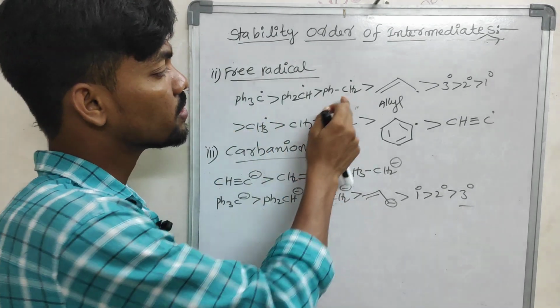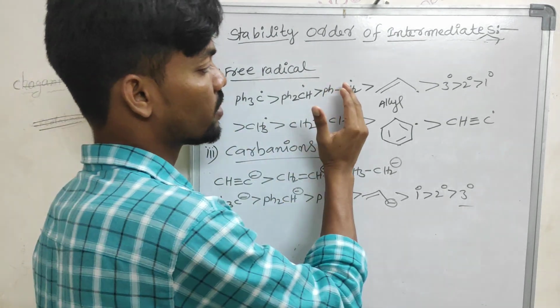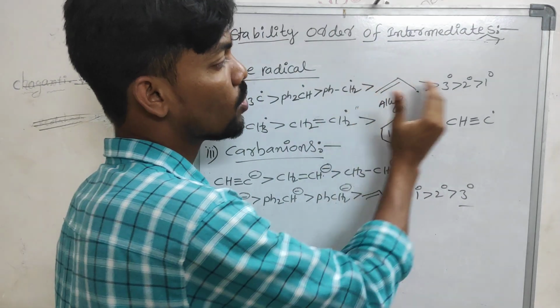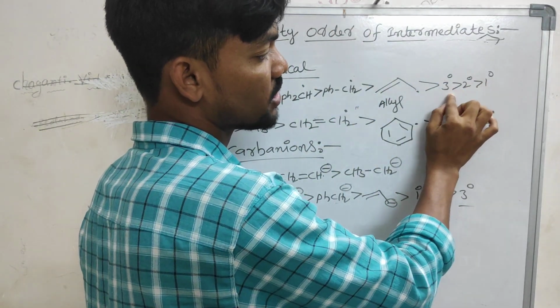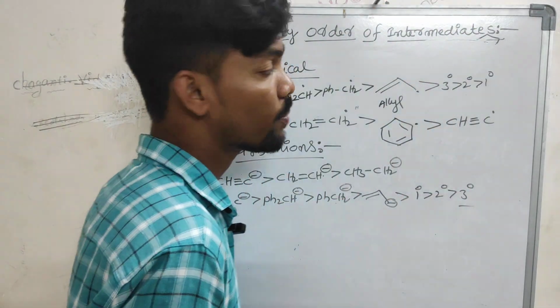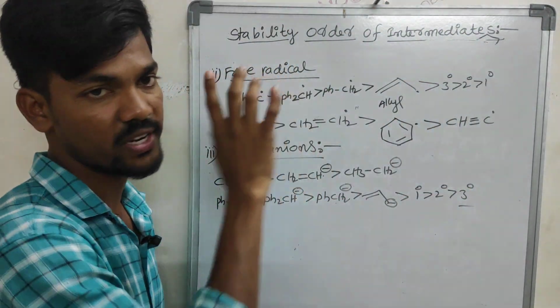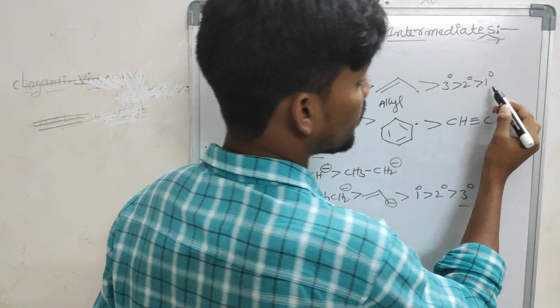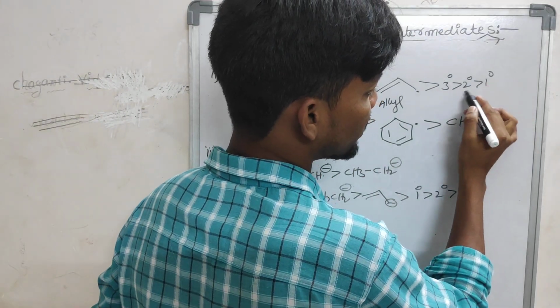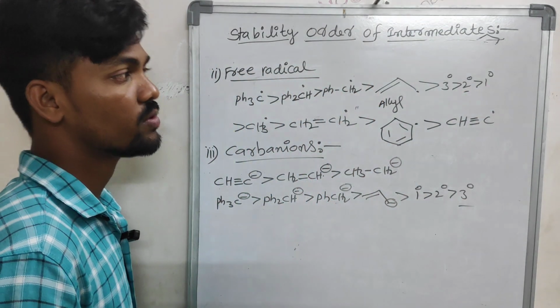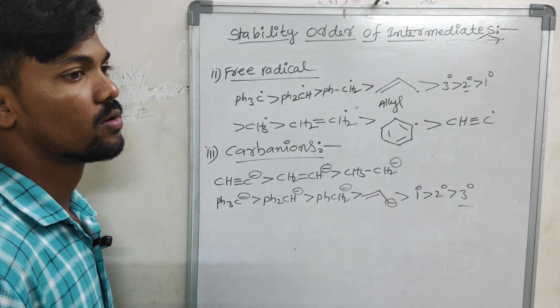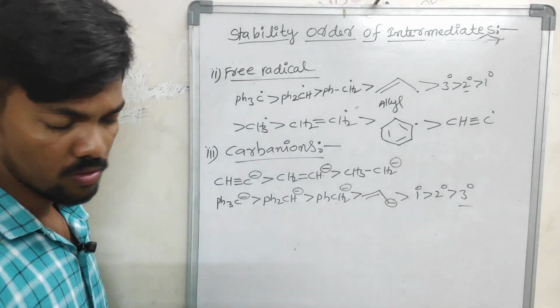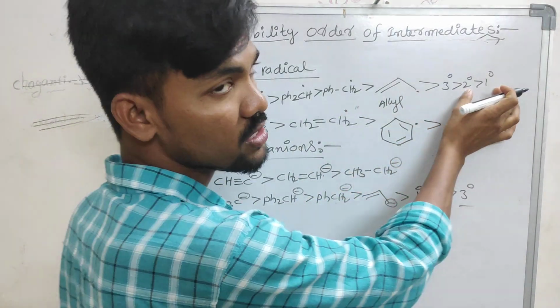So we follow this order. After this one, allyl is there. Then go for tertiary, secondary, primary free radicals. These free radicals are there. You have to remember this order.